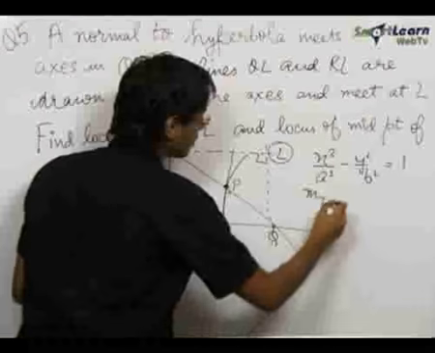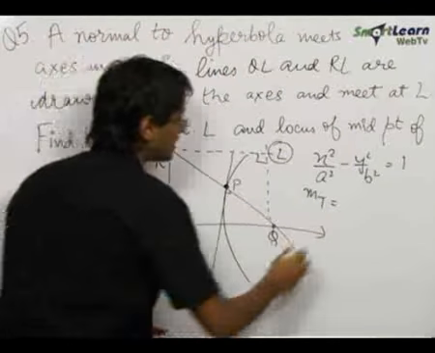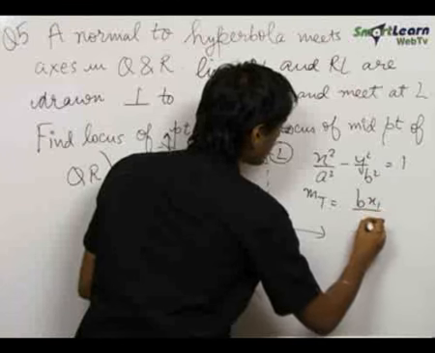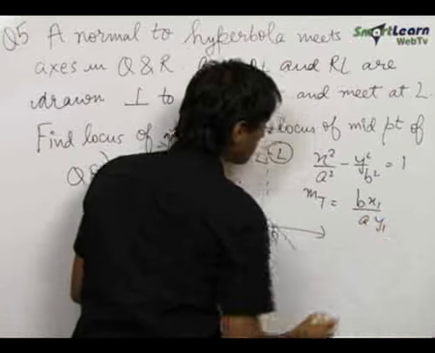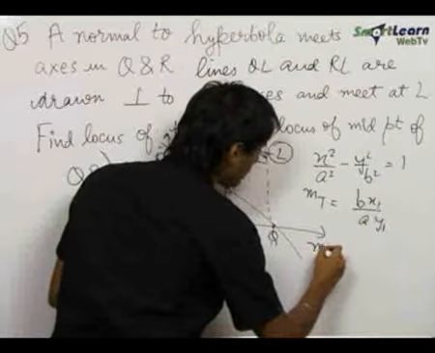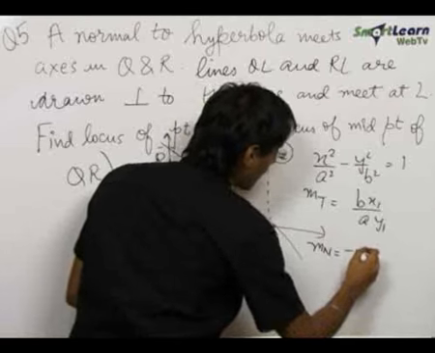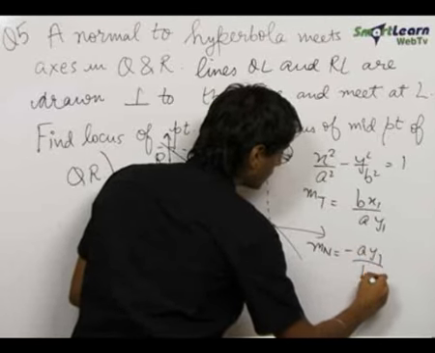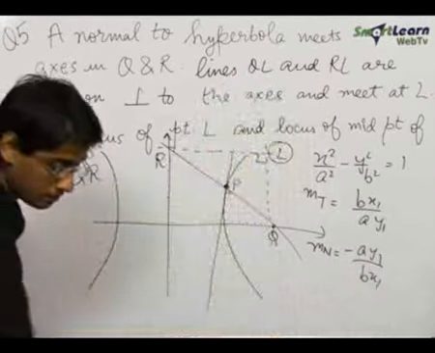The slope of the tangent for this hyperbola is equal to bx1 by ay1. Hence the slope of the normal will be equal to minus ay1 upon bx1.